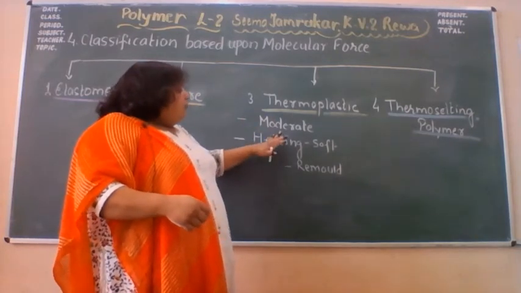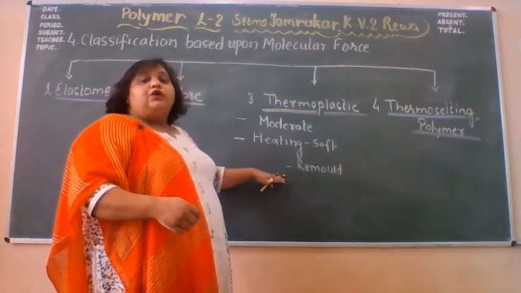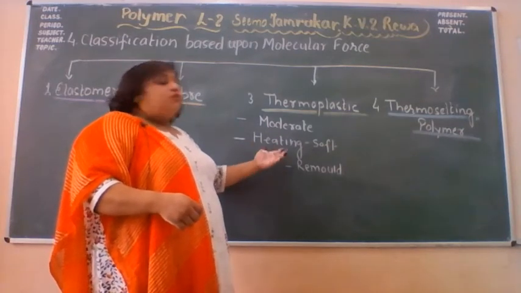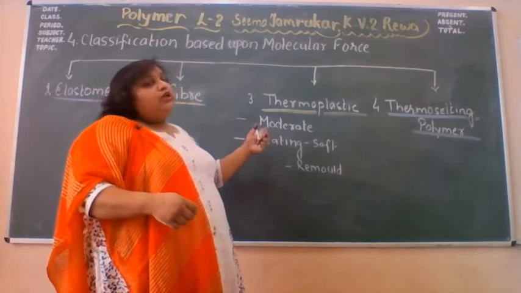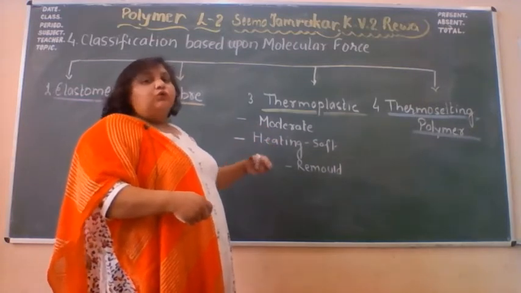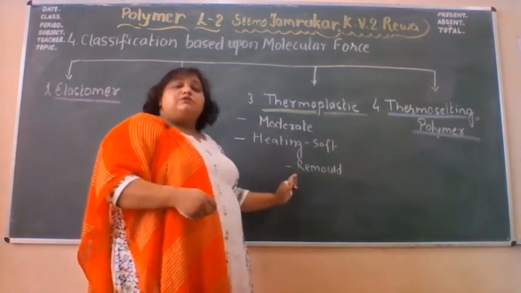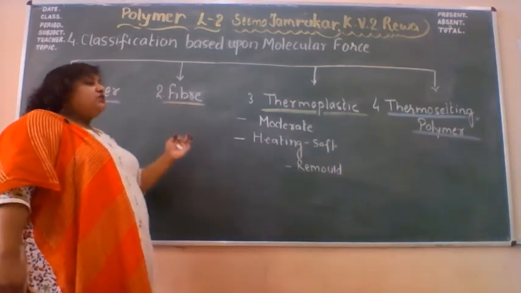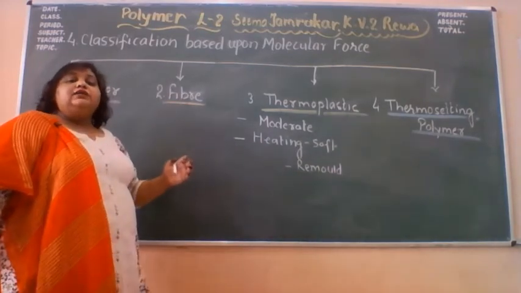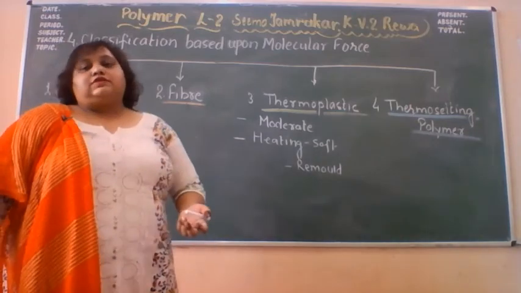So here, if you want to develop the desired quality, right, the softness or the hardness, the molding property, if you want to obtain it up to your level, for this some substances are mixed from the outside, and these are called plasticizers, right?